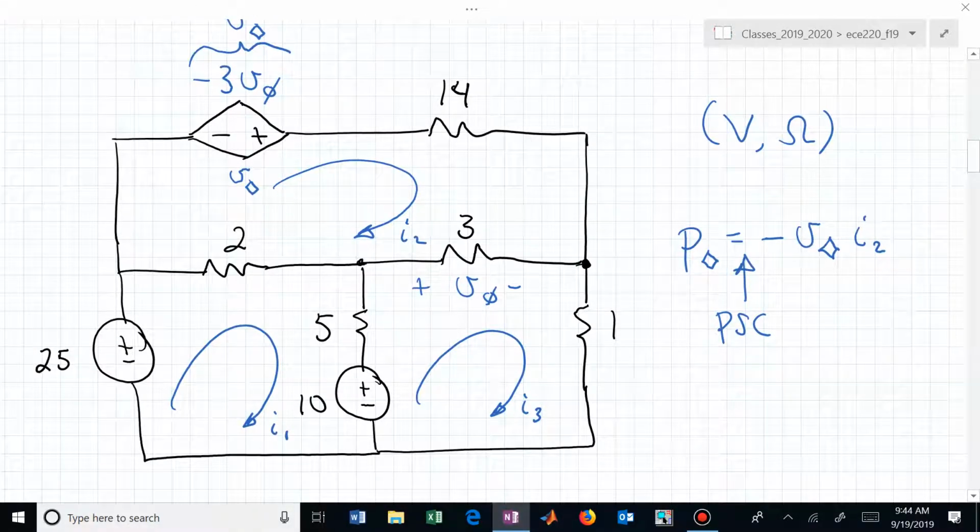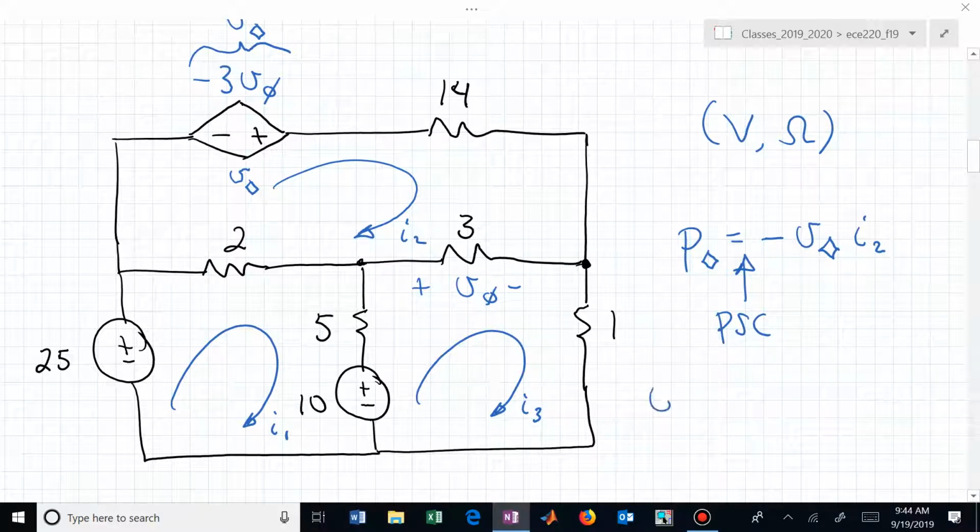Now we go back in terms of the unknown variables that we're trying to solve for, and that's I1, I2, and I3. We now need to find an expression for that dependent voltage, v sub phi, in terms of I1, I2, and I3. We can find that by just applying Ohm's law.